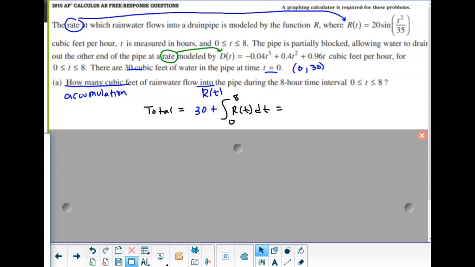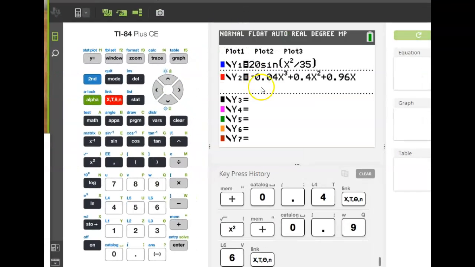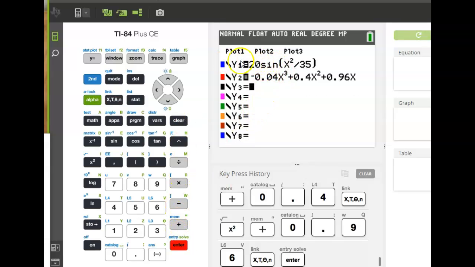One of the things I always do is reread what I type into the calculator, because clearly if you type it in wrong, then everything else you do is wrong. So there you can see I typed in y1 and y2.